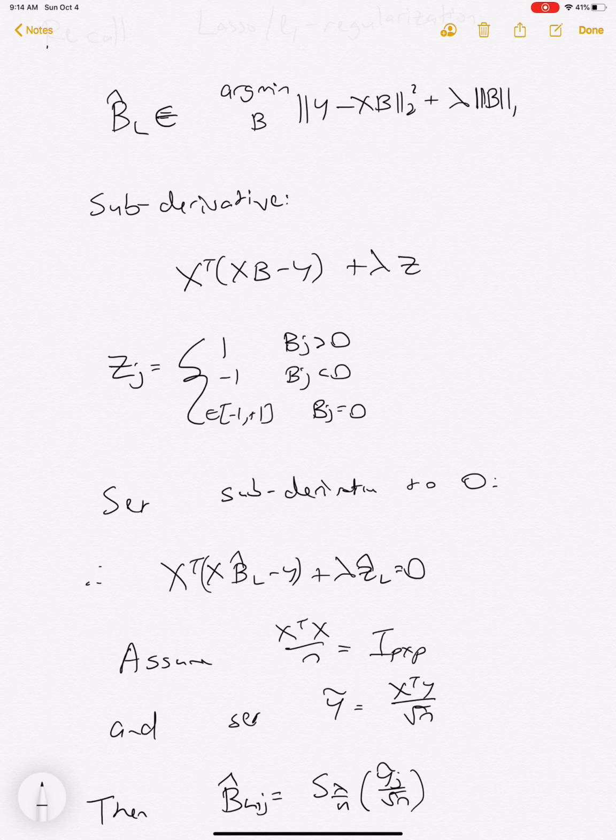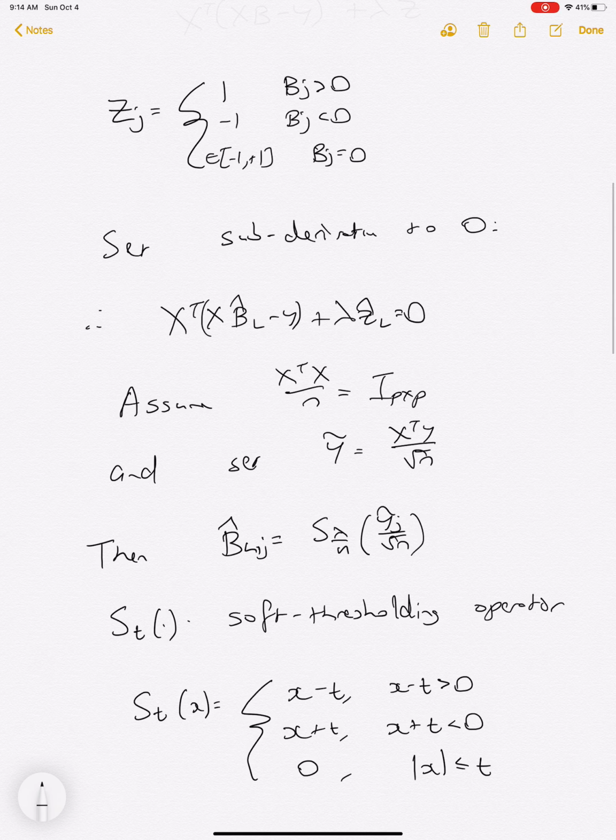One of the things we've assumed throughout, which makes it somewhat easier to see what's going on with these algorithms, and it is easy to extend this to general X as well, is that X transpose X over n is just the identity matrix. And then we've set y tilde to be X transpose y over square root of n.